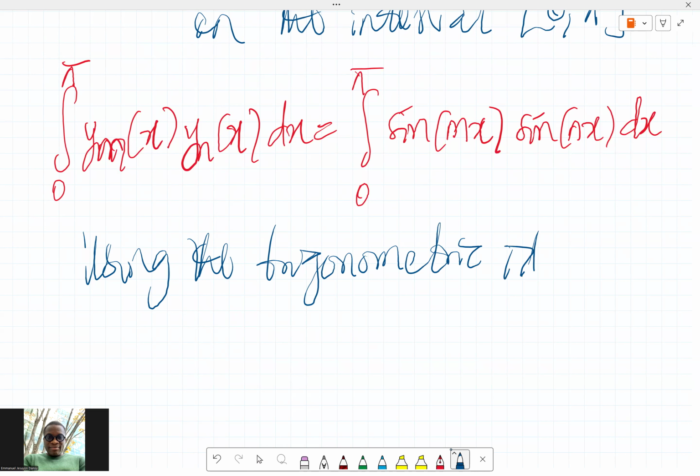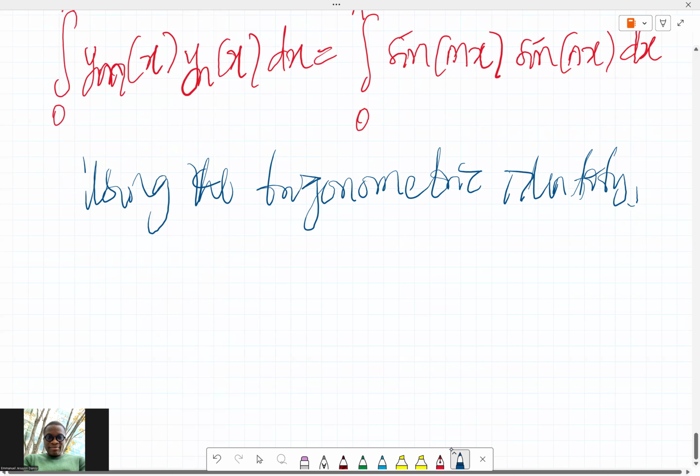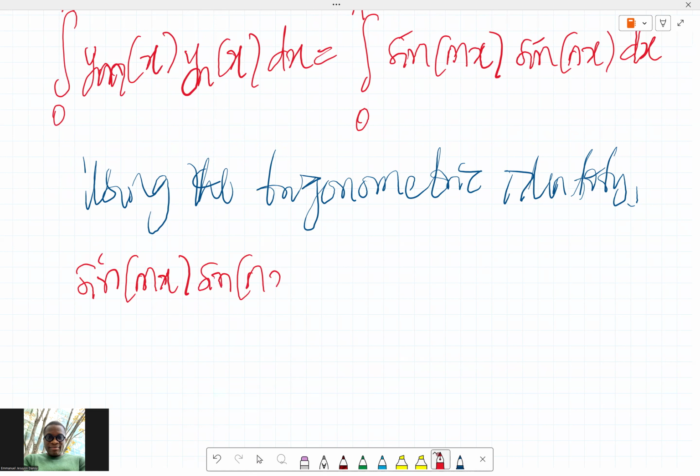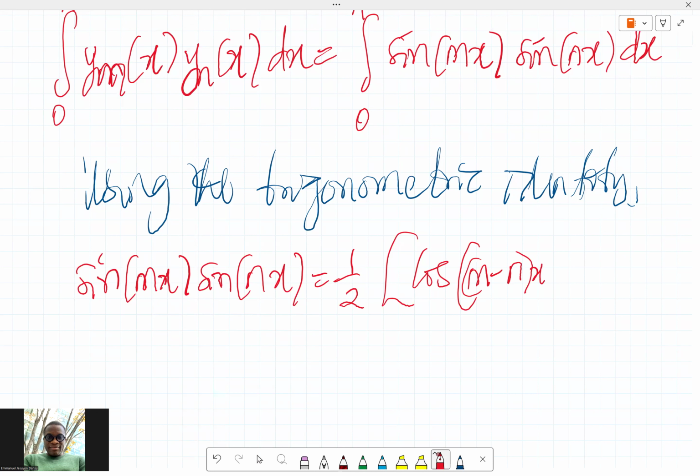Using the trigonometric identity, we now have sine mx sine nx equals 1 over 2 into cos (m minus n)x, then minus cos (m plus n)x, like this.